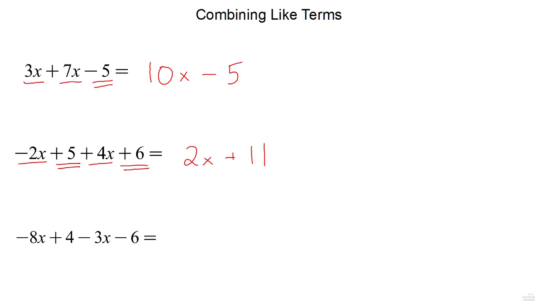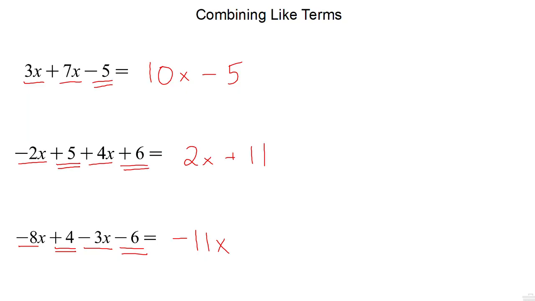And down here in the bottom one, we have a negative 8x and a minus 3x. Those will go together. And we'll have a plus 4 and a minus 6. So negative 8x minus 3 more x should be negative 11x. If you have trouble with the negative 8 minus 3, just think about it: if you owe me $8 and you then borrow 3 more, now you owe me 11, negative 11x.